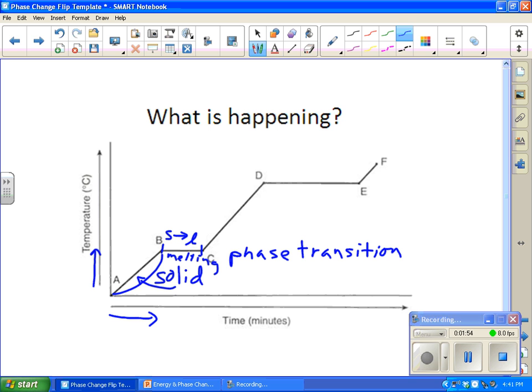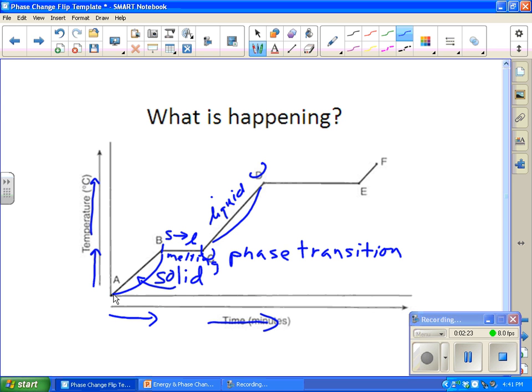From C to D, once again, the temperature is increasing. The temperature of the substance, whether it's water or whatever, rises as we increase the amount of heat added over time. Here we have liquid, and the liquid is just getting hotter.